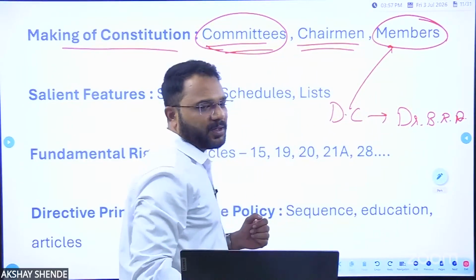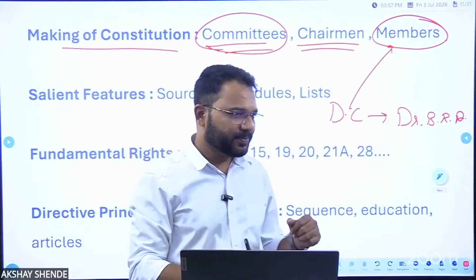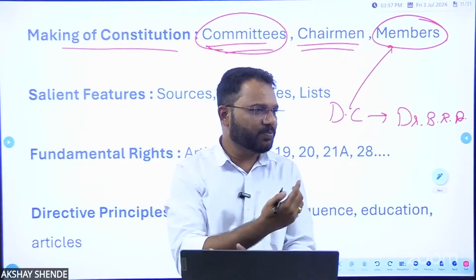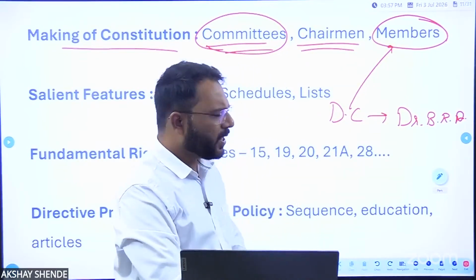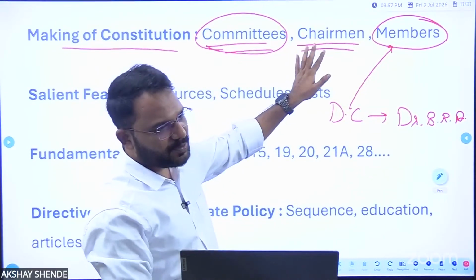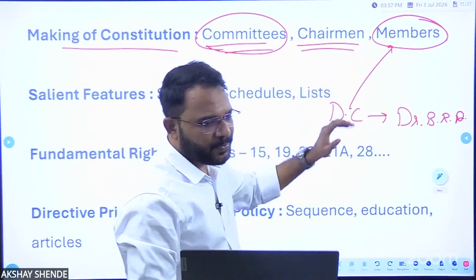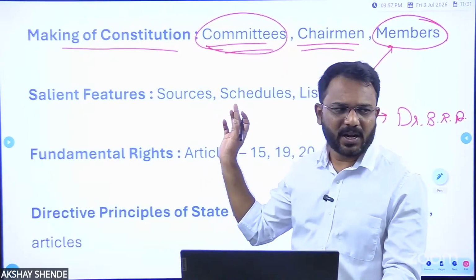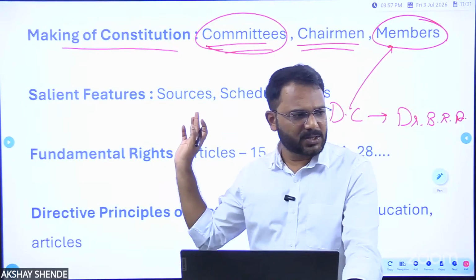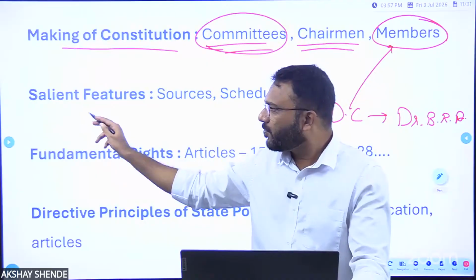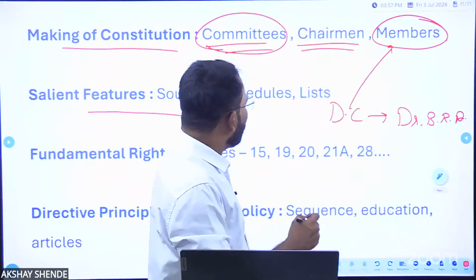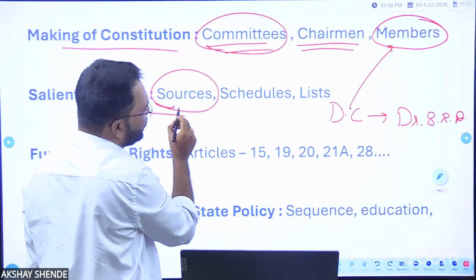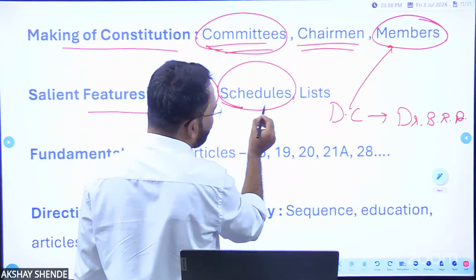You have to match the pairs, or eliminate from the four options. So this kind of questions they mainly focus on. I have done this around for 10, 15, 20 years, and they have mainly focused on these topics of this chapter. From salient features, they basically focus on sources of the constitution, schedules of the constitution, and the lists.